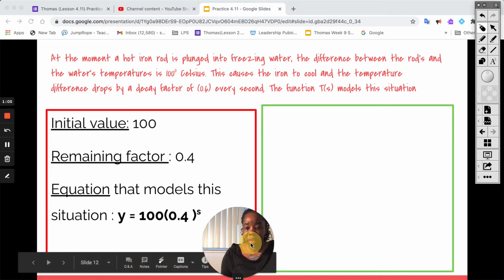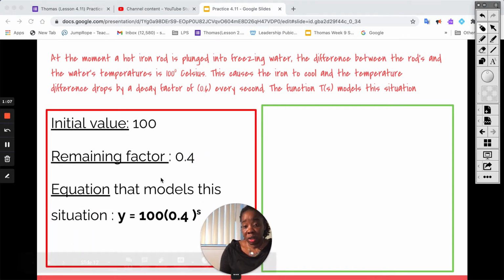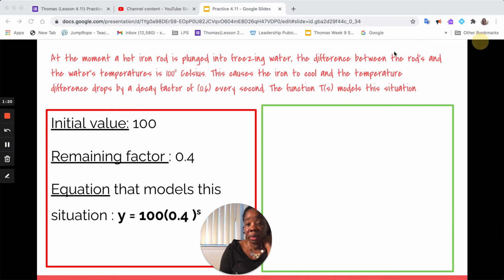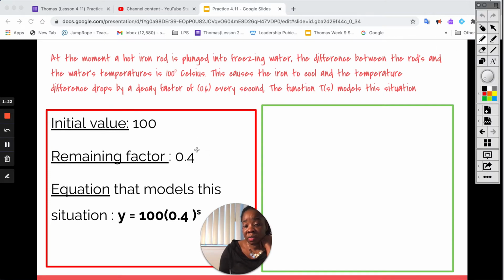So the initial value is 100. In order to calculate the remaining factor, because if it's decaying by 0.6 every second, we need to figure out what the remaining factor is. And remember, to find the remaining factor, we'd have 1 minus the factor that it's decaying by, or the amount that it's losing.